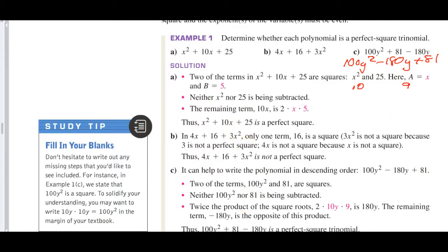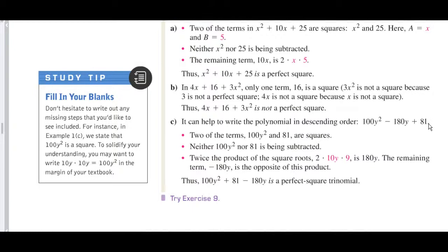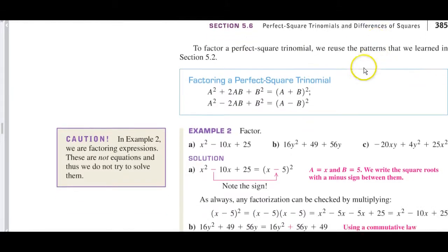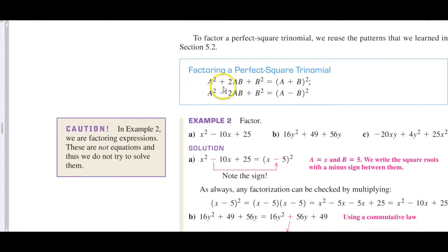And again, they're going through some detail of what I've just done here, but in the sense I'm just reviewing it with you. So again, they're showing you the pattern, that special way: square the first term, you get that, multiply these two together and then double it, and then square the last term.